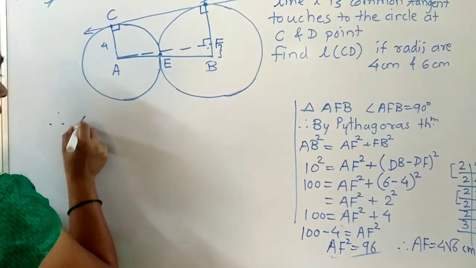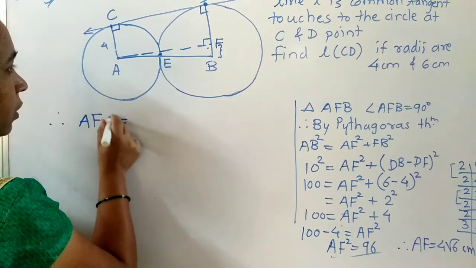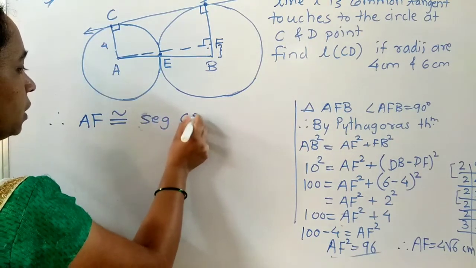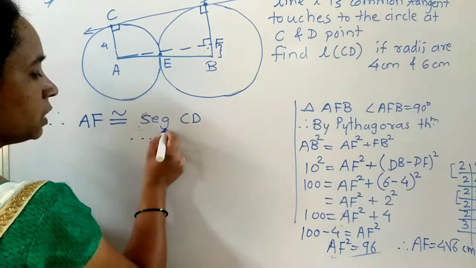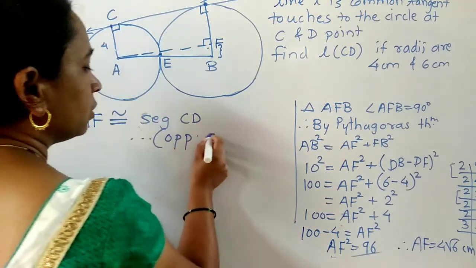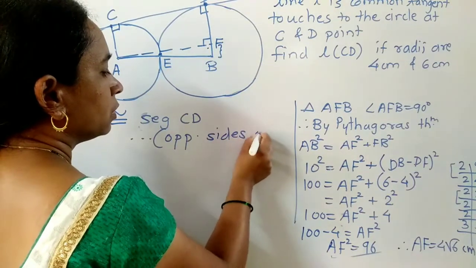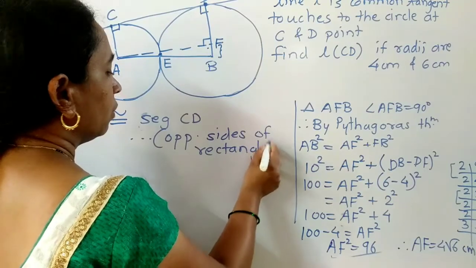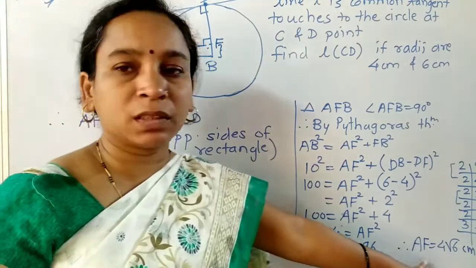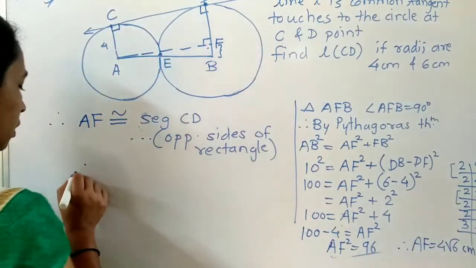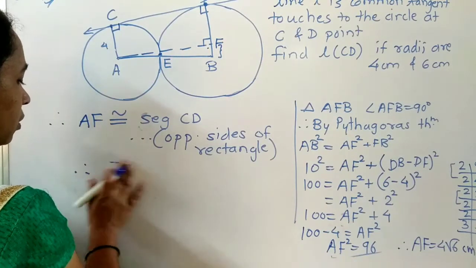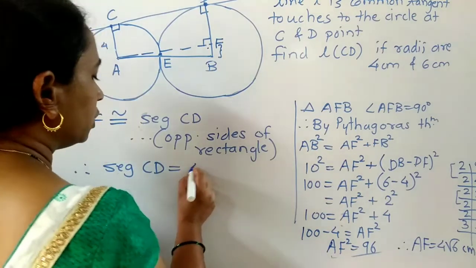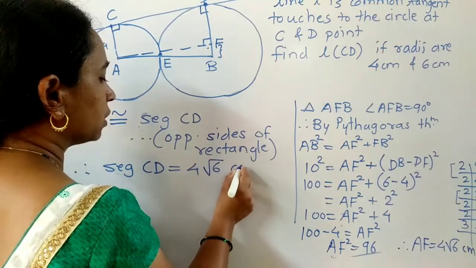So AF is congruent with segment CD. What is the reason? Opposite sides of a rectangle. We have got the AF answer. AF is 4 root 6. Therefore, segment CD is also 4 root 6 centimeters.